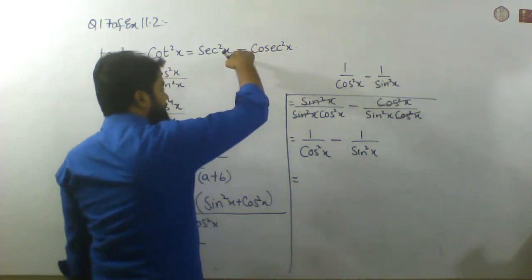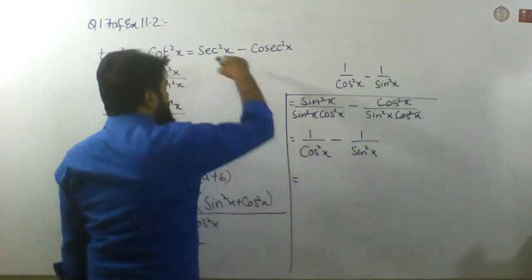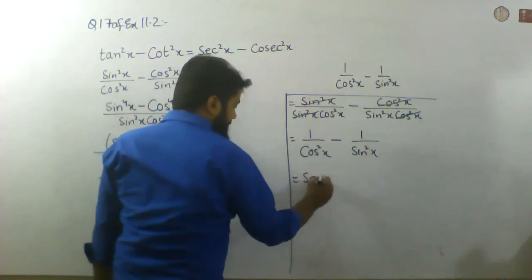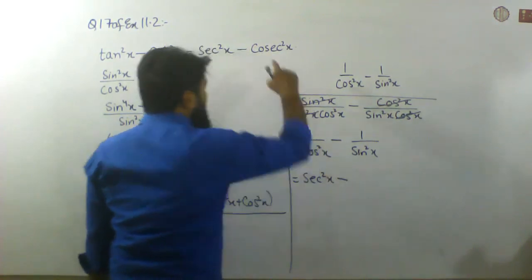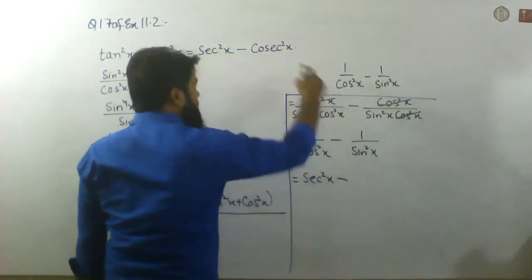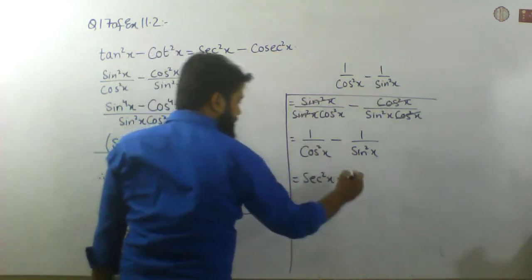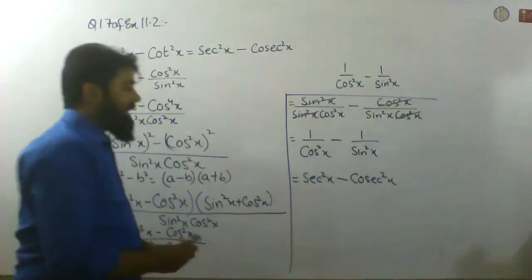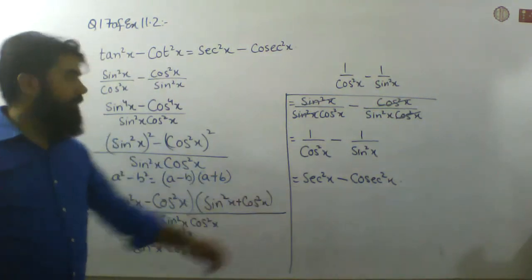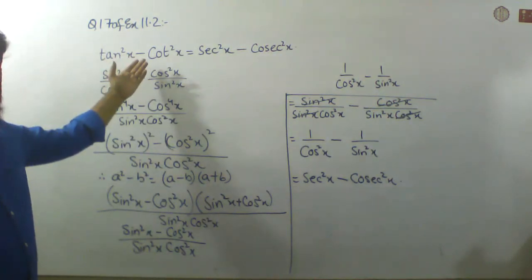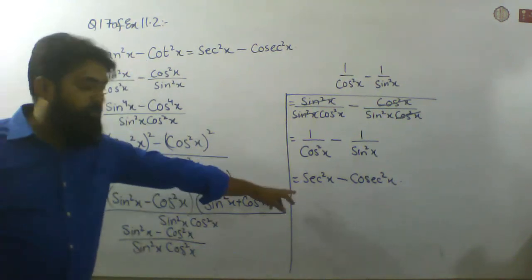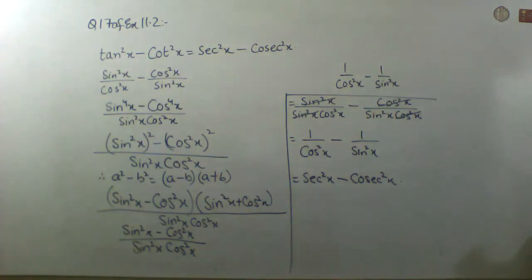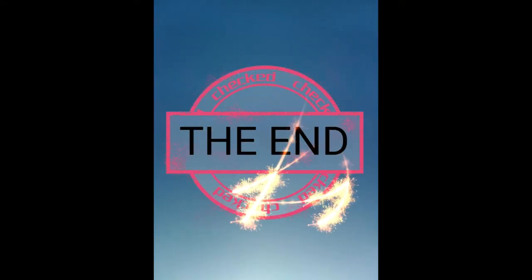Now I can jump back over here: 1 over cos square is sec square x, minus 1 over sin square is equal to minus cosec square x. That's your final answer, which we started from at this point. This is the solution work, and this will be your final answer.